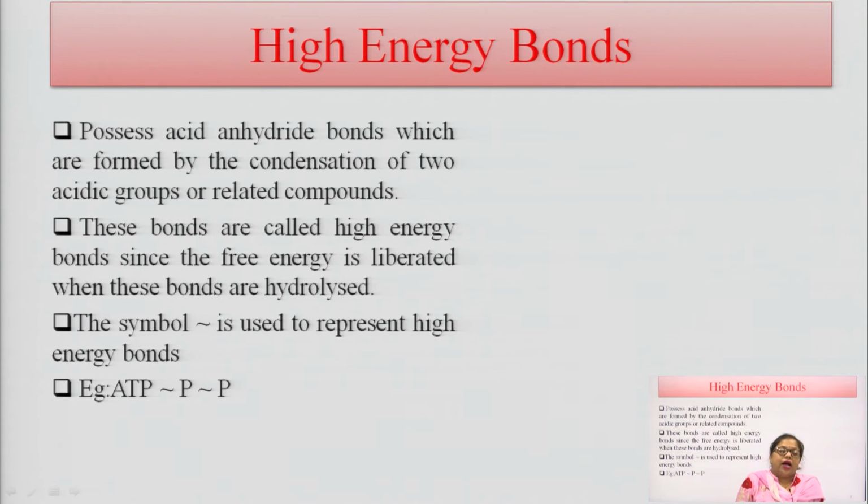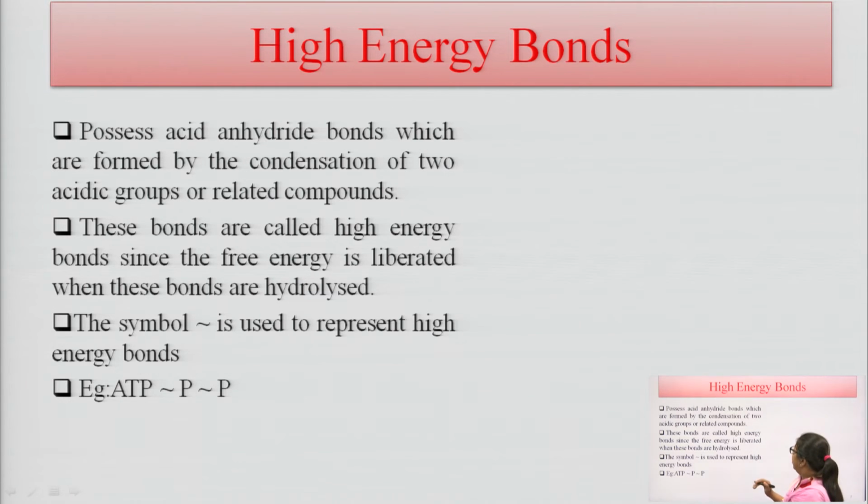And what are high energy bonds? After gaining knowledge of the high energy compounds, high energy molecules, we have shifted towards the high energy bonds. What are high energy bonds? Bonds which possess acid anhydride bonds, which are formed in the condensation of the acidic groups of related compounds.